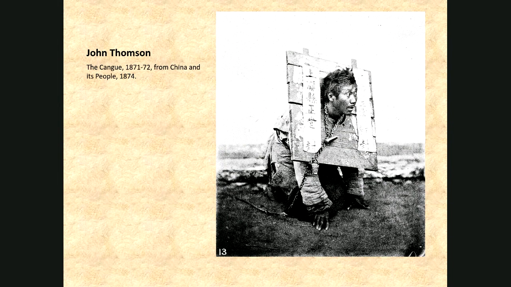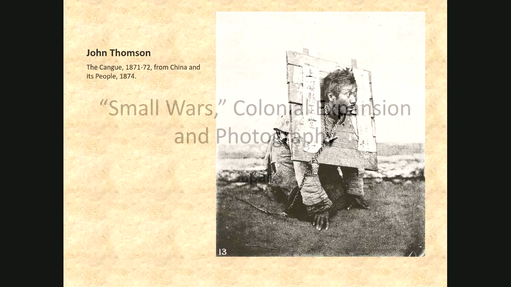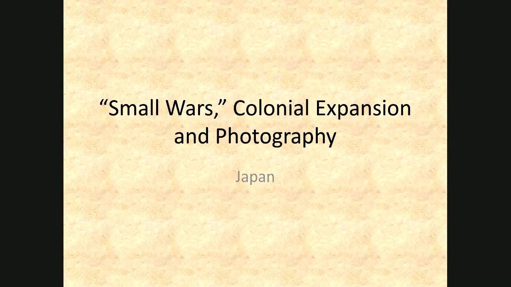I would like to now go to Japan. So the introduction of photography in Japan seems to have come in about the 1840s through scientific exchanges between the Japanese and a small Dutch trading outpost. And the more rapid growth of commercial photography in Japan began in the 1850s, coinciding with the modernization of the country.